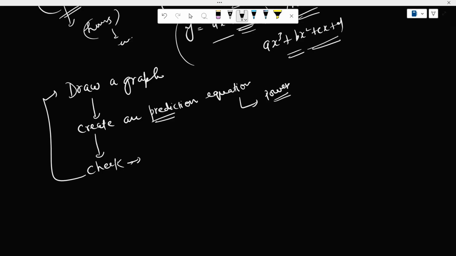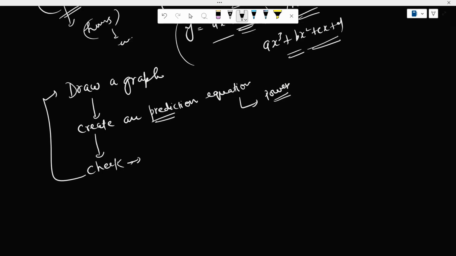After deciding the degree of the polynomial, you will draw a new curve, and based on that curve you will check how it is performing, how the graph looks now. Is it touching each and every point that I have plotted? If yes, then you will stop. Otherwise, you will keep trying to find at what polynomial degree it gives the best equation.